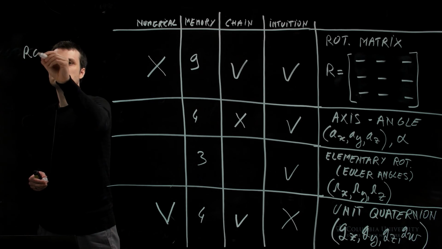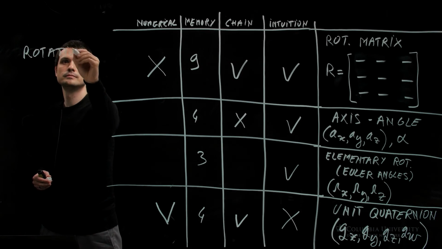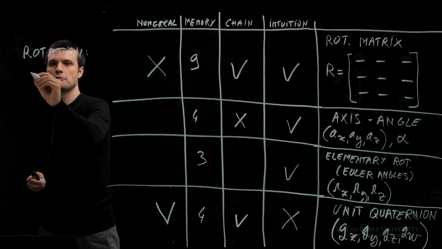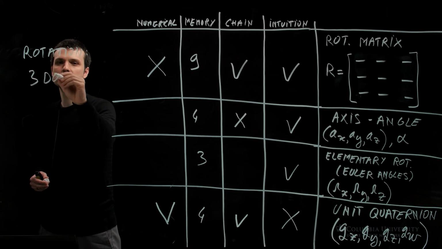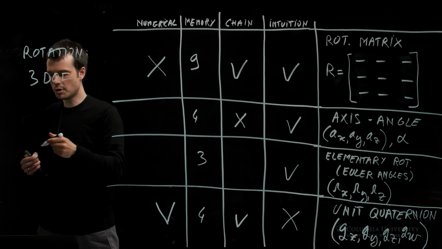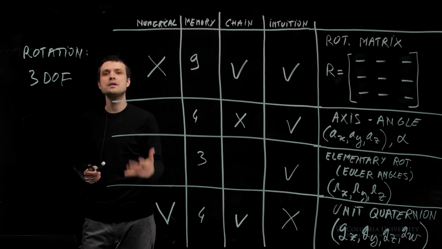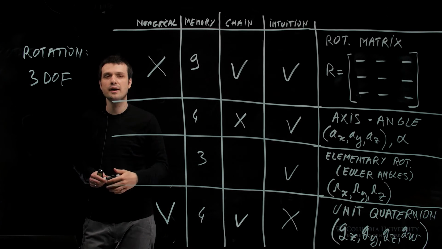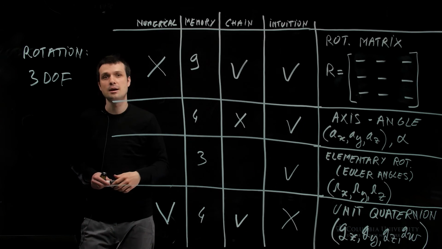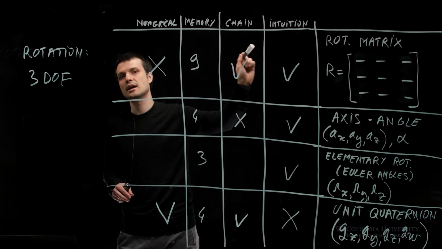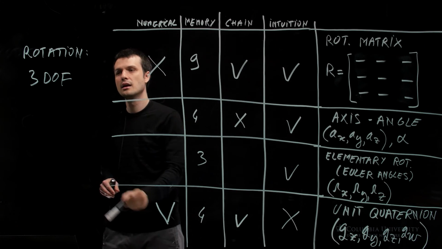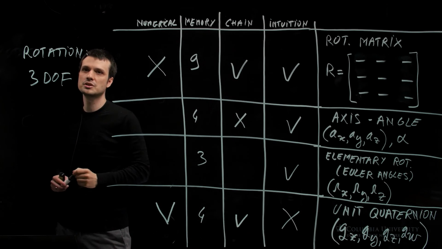Any rotation in space is 3 independent degrees of freedom. 3 numbers are enough to uniquely specify a rotation. Some of these representations are redundant, they have more numbers than that, but fundamentally 3 numbers are enough to specify a rotation.